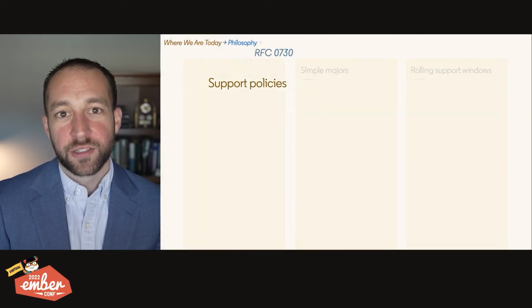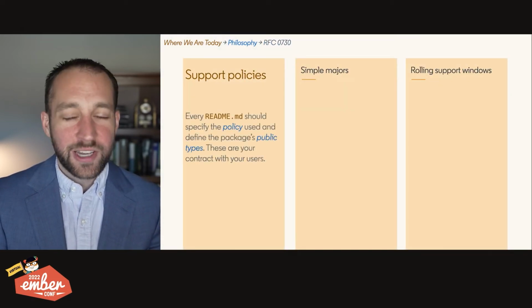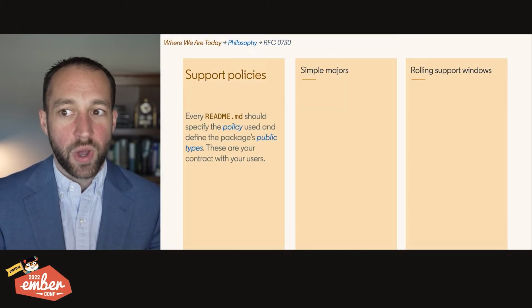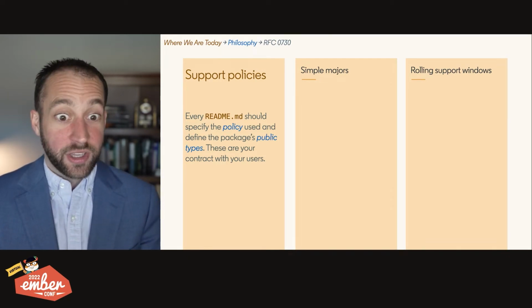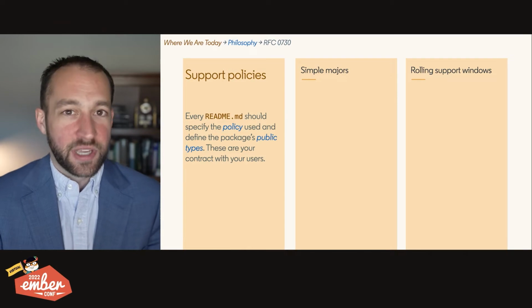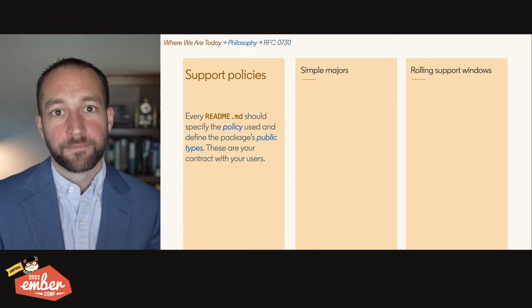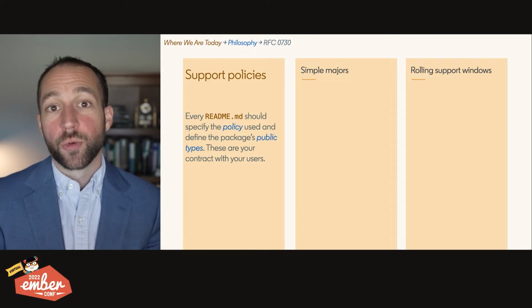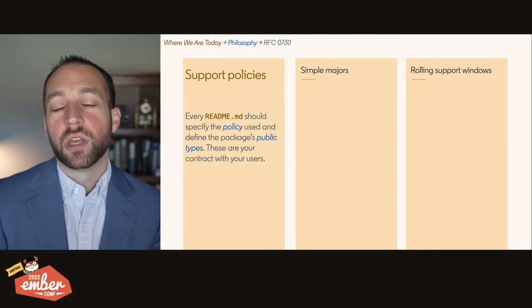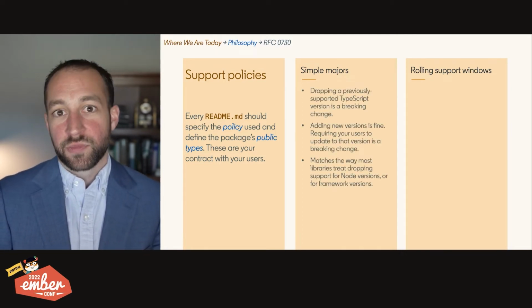Those support policies. As I said, everybody needs to specify what policy are you using, and what TypeScript versions do you support, and what constitutes your public API, because those are the things that have to not break. And there are two broad options here: the simple majors policy and the rolling support window policy. Simple majors is simple.